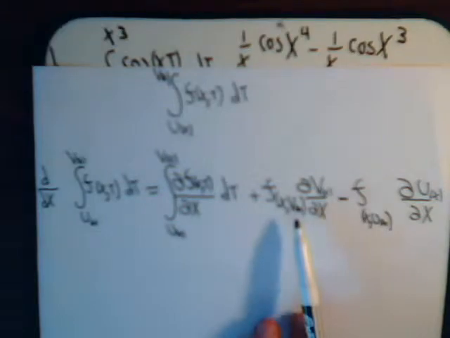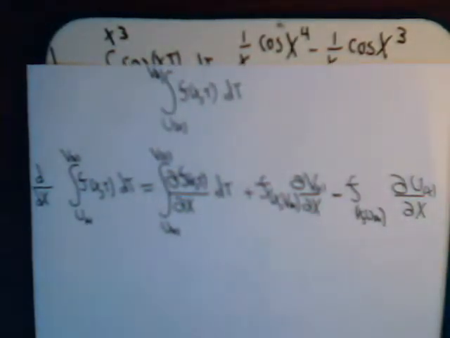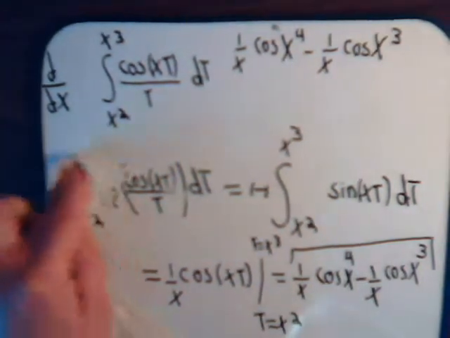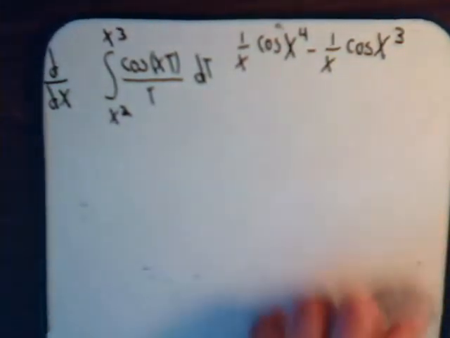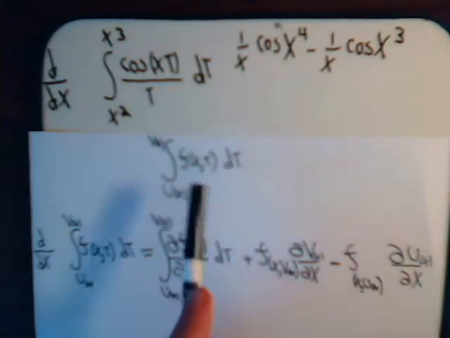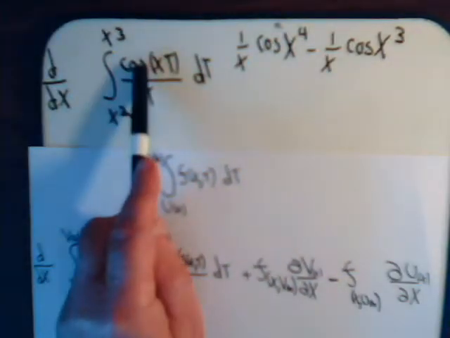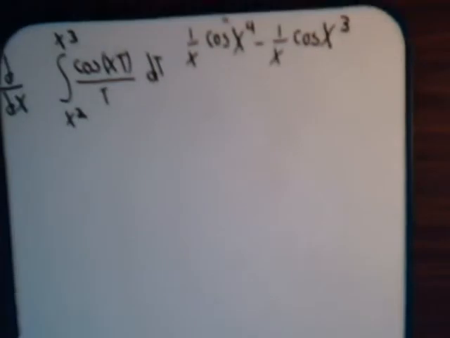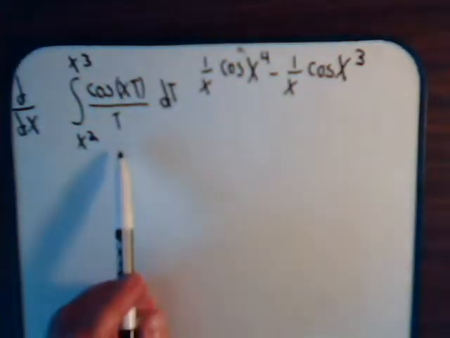Now we have to consider this expression and this expression. Let's do that as soon as we make some room. So here, the integral is some function of x and t, just like we have right here. This term then is just that function where t is replaced with this. So we'll do that here. This is our function of x and t.